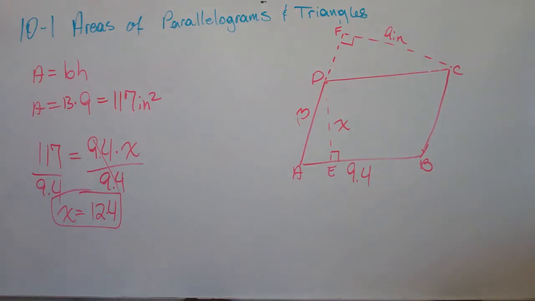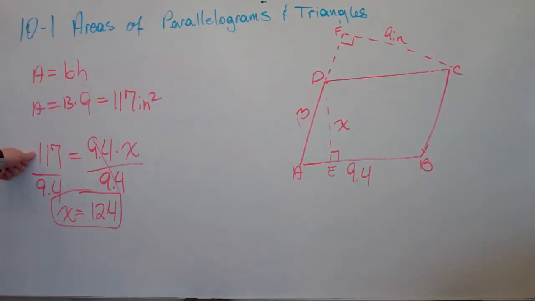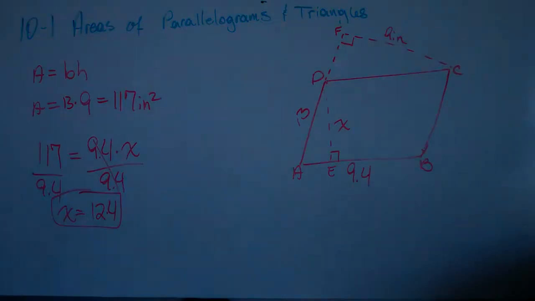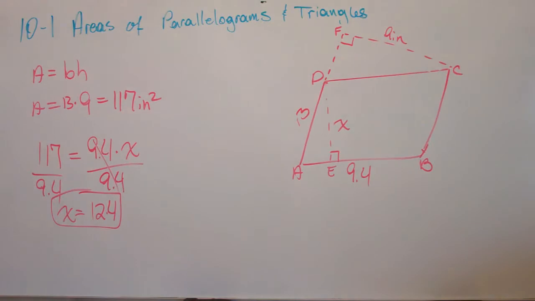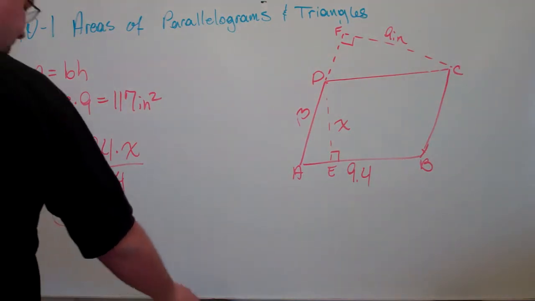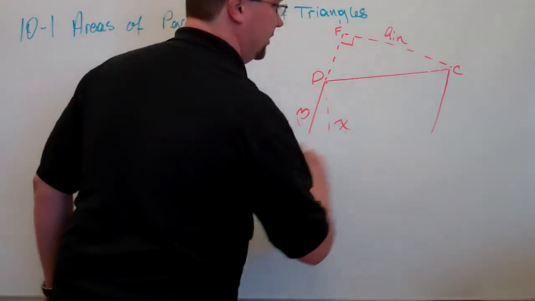That gave us our area, and then we simply said 9.4 times X will also give us 117, because again, it's another altitude-based combination. And then we just simply divided off the 9.4 to get 12.4. Alright? So, we'll do another problem with those in just a second.